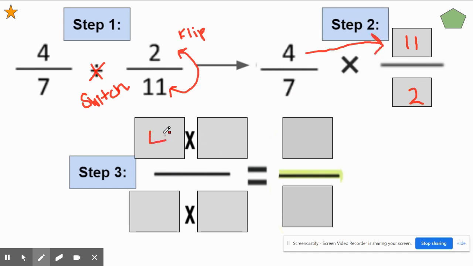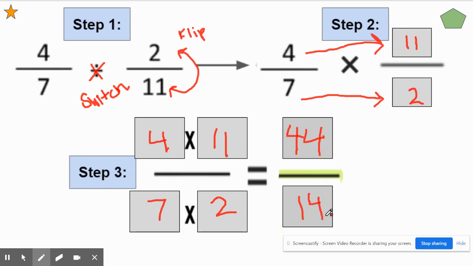So 4 times 11 and 7 times 2. And 4 times 11 equals 44. And 7 times 2 equals 14. So your answer, if you don't simplify, is 44 over 14. It's just the flip and switch method.